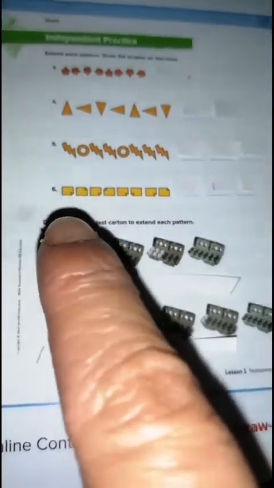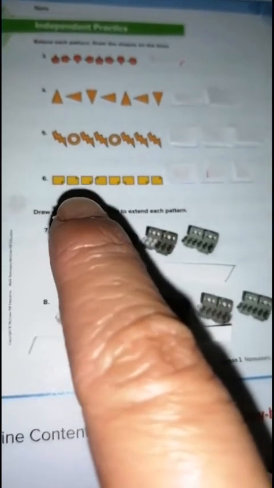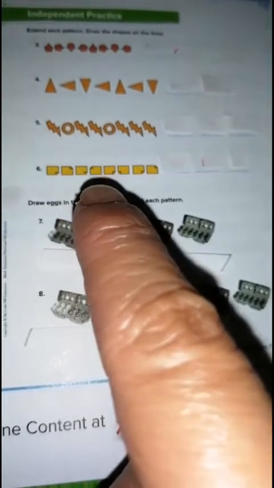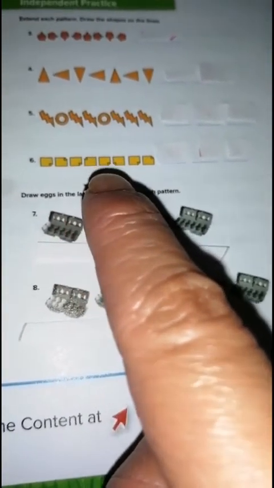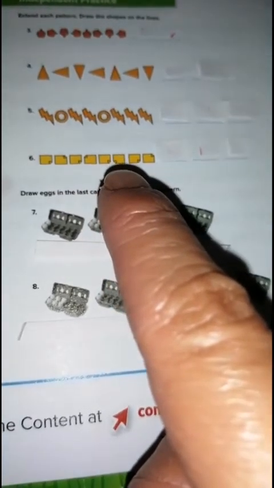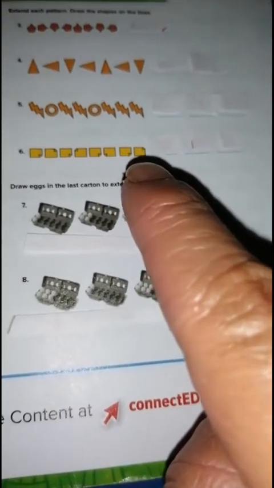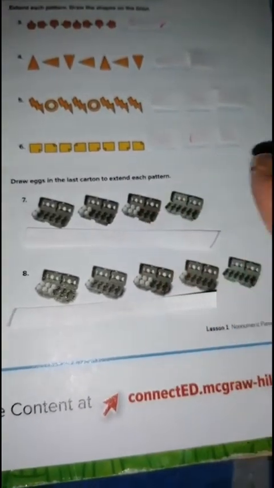For instance, we have the corner number 3 folded, the corner number 2 folded, the corner number 3 folded, the corner number 1 folded, the corner number 3 folded, the corner number 4 folded, the corner number 3 folded, and the corner number 2 folded. So continue with the pattern in the next 3 lines.